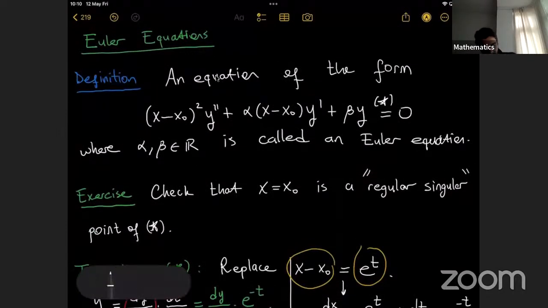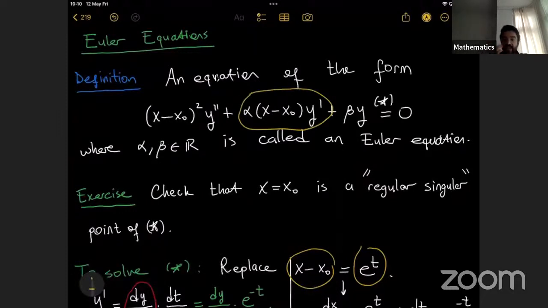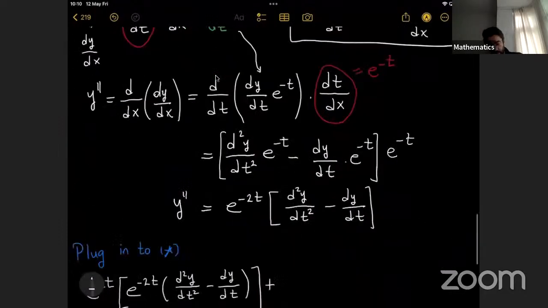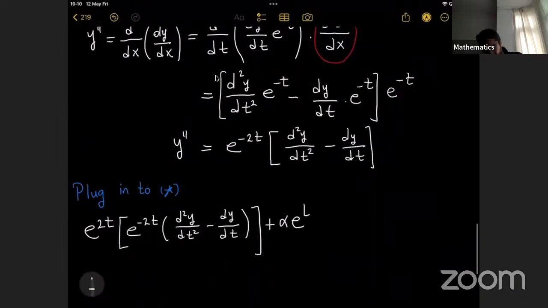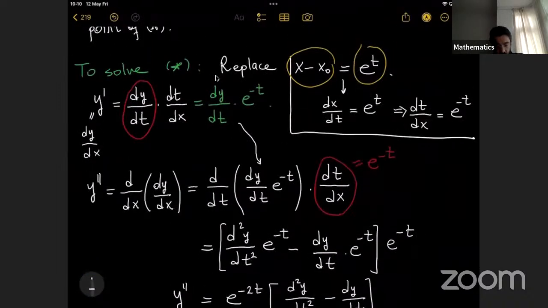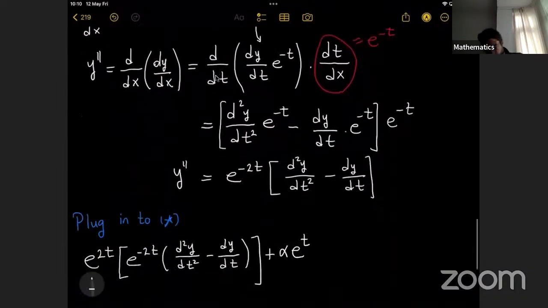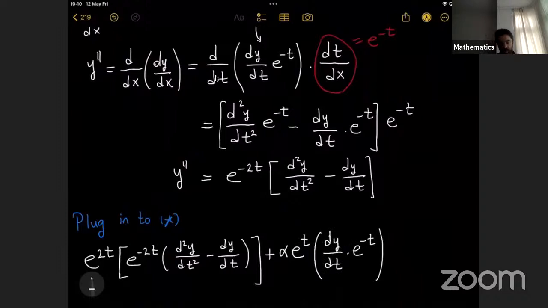X minus x0 is e to the t. Alpha times e to the t times y prime. Y prime is, where is it? Here. Dy dt times e to the minus t. Okay, good.